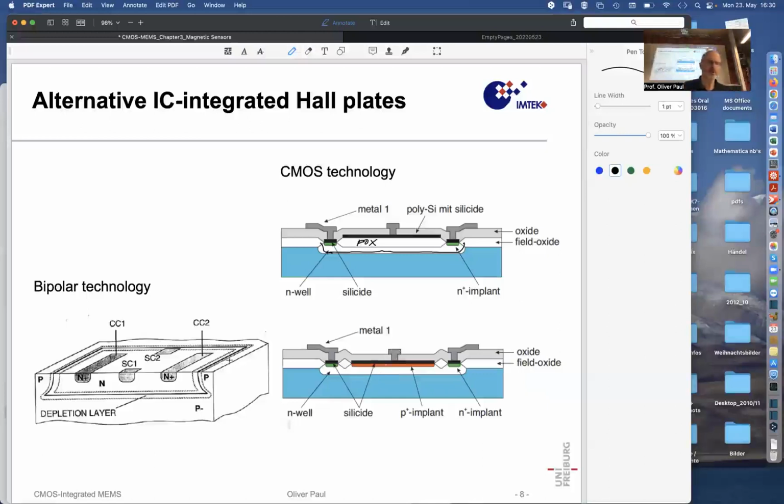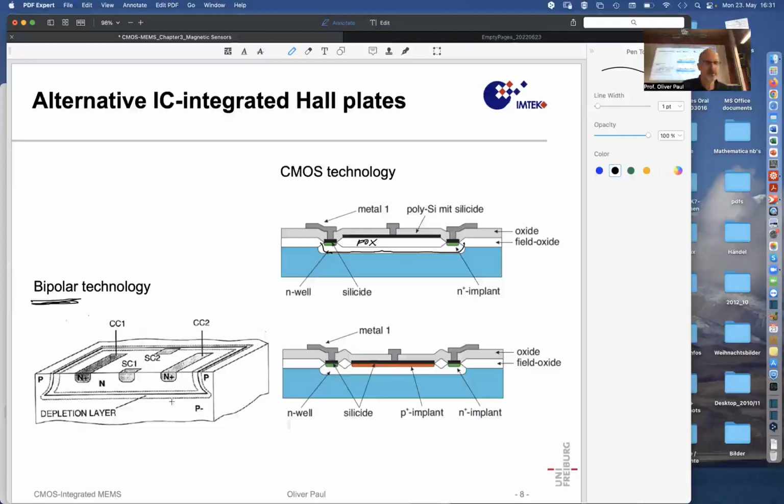And then you have some bipolar technology version also, because that has also been present in the history, at least, of the devices. I don't think any of the commercial producers of Hall devices use bipolar technologies now, just because in order to do meaningful circuitry, you need CMOS anyway. So the bipolar technologies often used some epitaxial N layer on top of a P substrate.